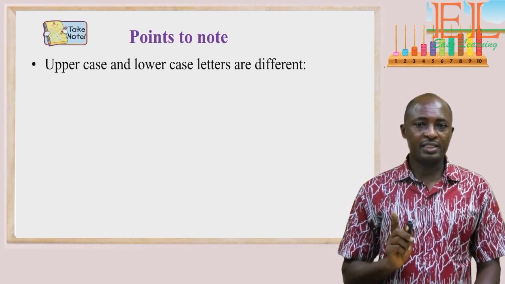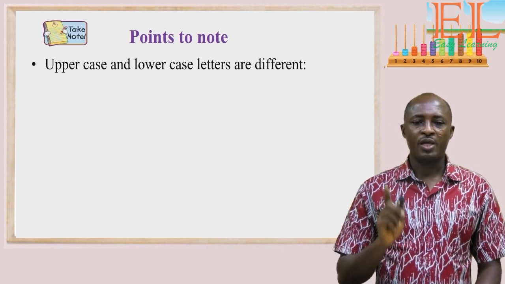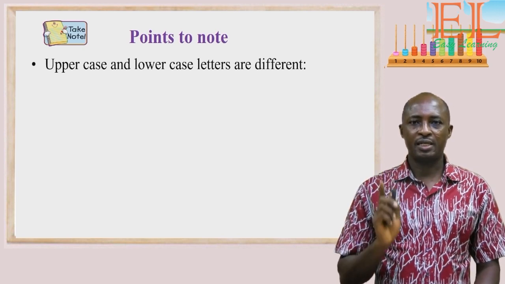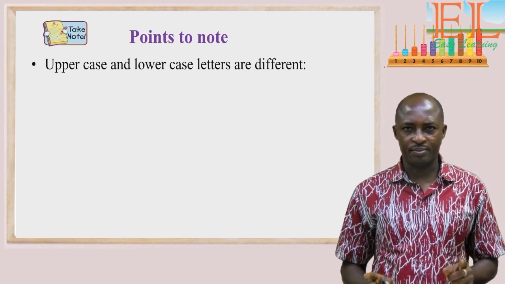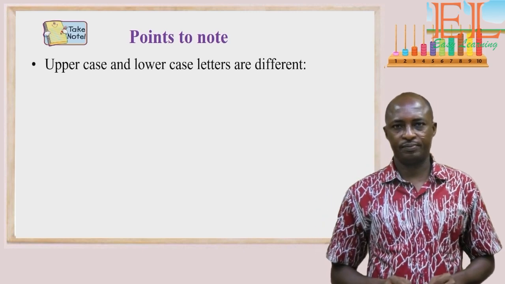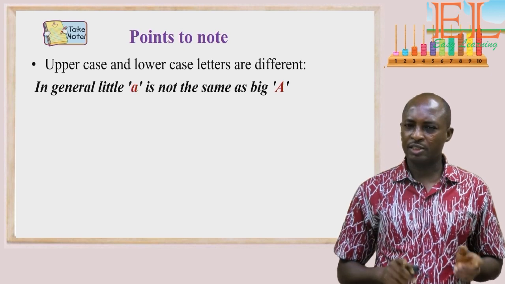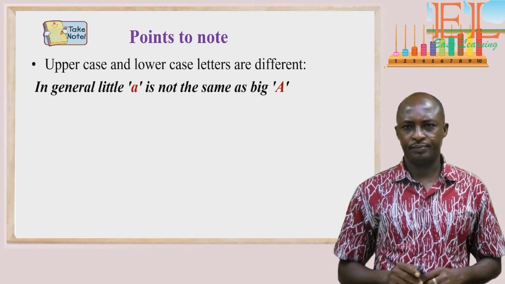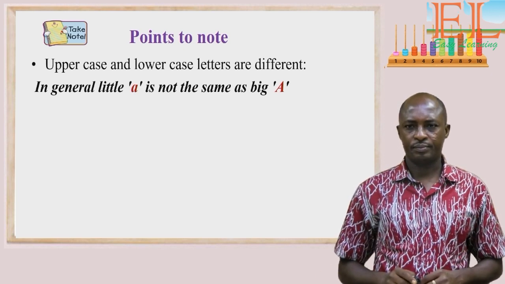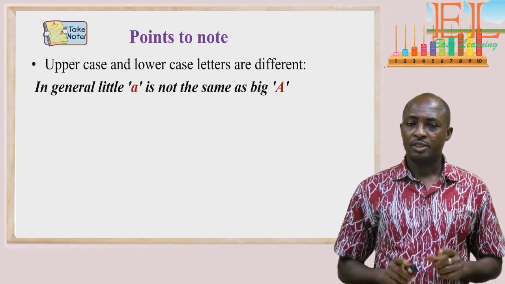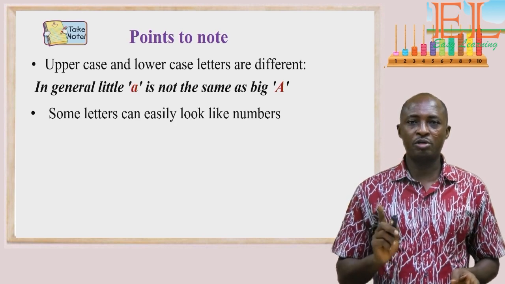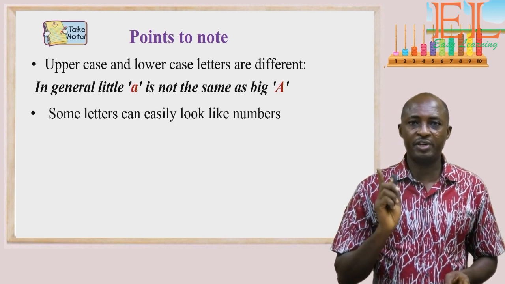The first one is that, remember, lowercase letters are not the same as uppercase letters. So, for example, small a is not the same as capital A. Some letters also look like numbers, and we have to be very careful about them.